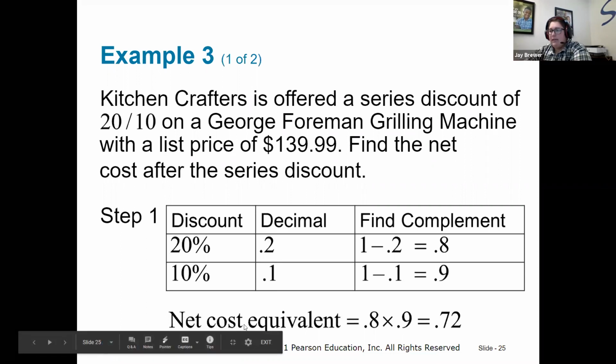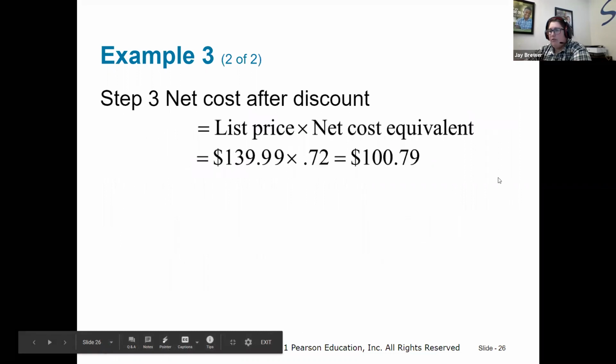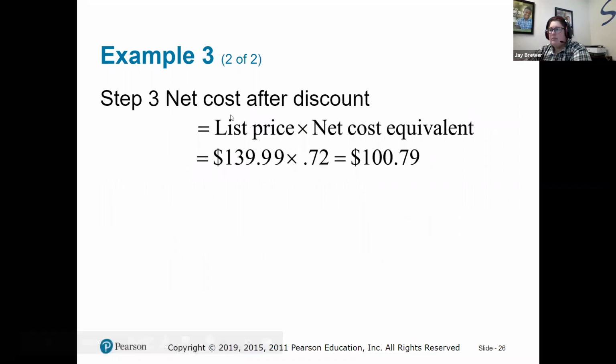So then it says net cost equivalent is equal to 0.8 times 0.9, which is 0.72, which was step 2. So then they took 139.99 times 0.72, and they got 179.